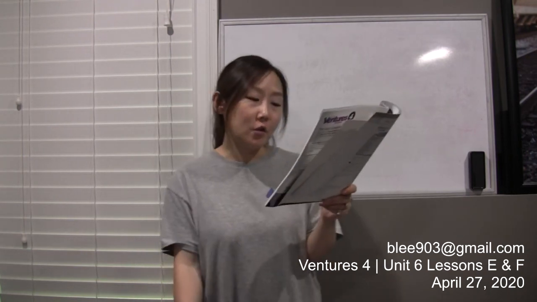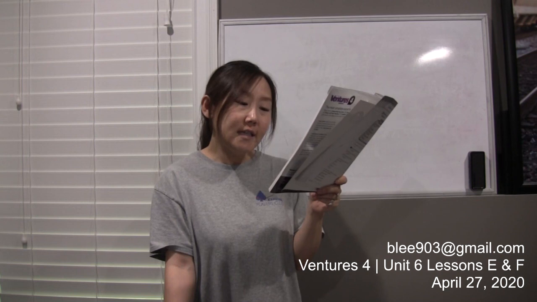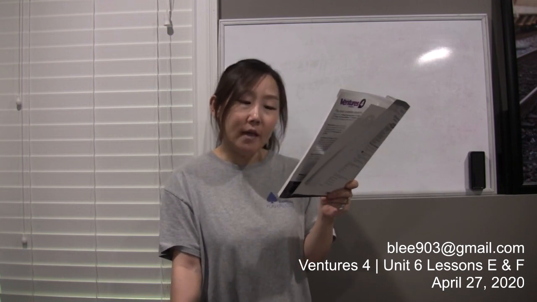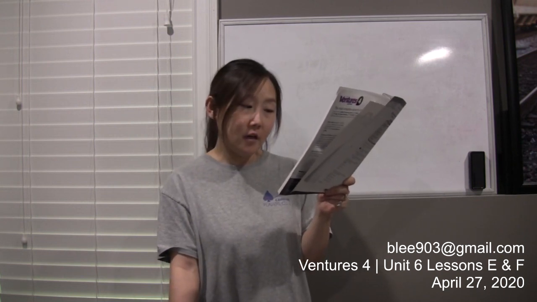Okay, number 2. I have such an old cell phone that I can't send text messages. Number 3. Digital cameras are so easy to use that anyone can be a great photographer.